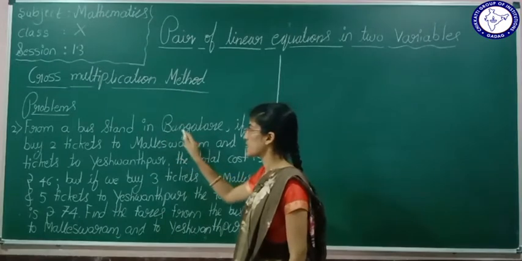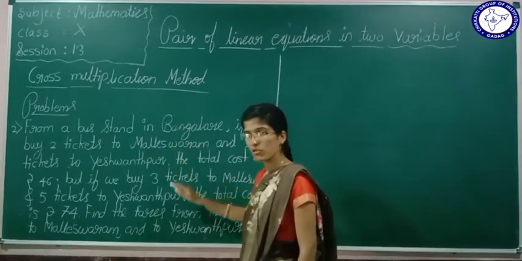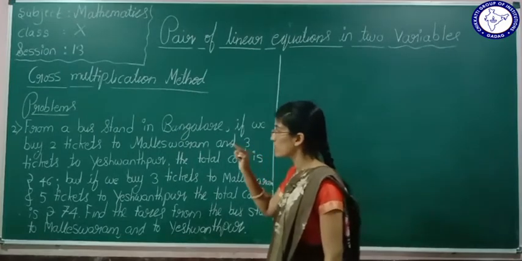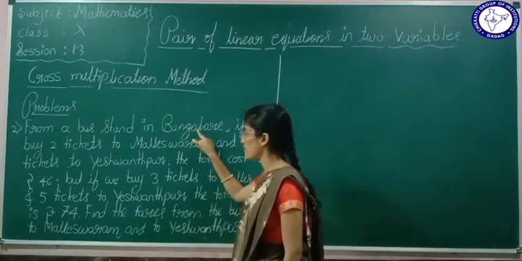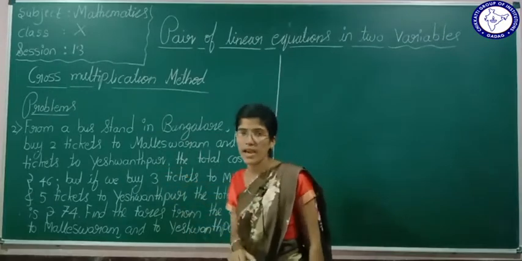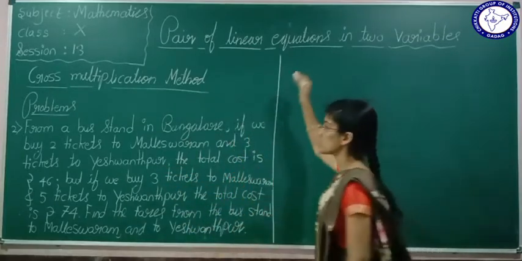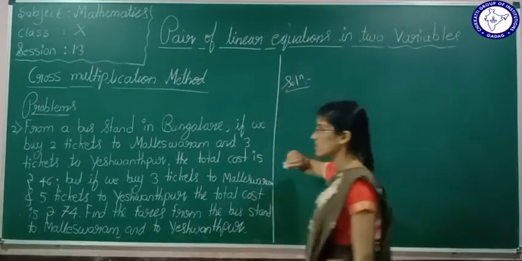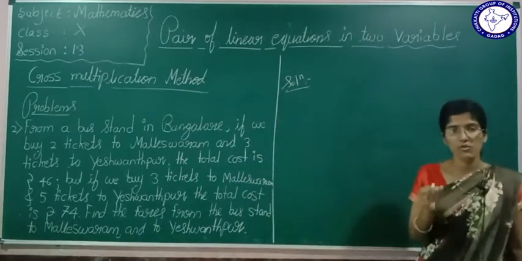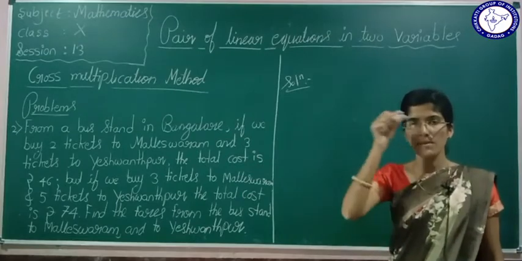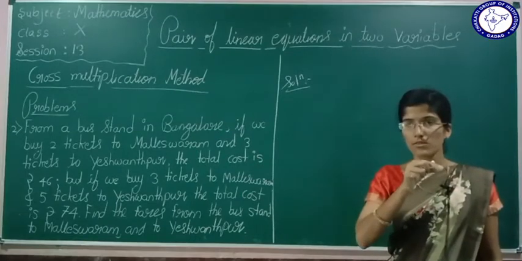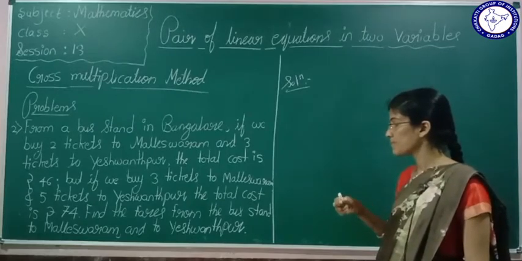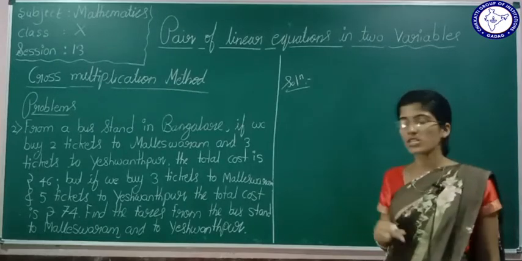And what is the cost of one ticket from the bus stand in Bangalore to Yashwantpura? Now see the solution. We have to find the fare from the bus stand in Bangalore to Malleshwaram and to Yashwantpura, for one ticket.